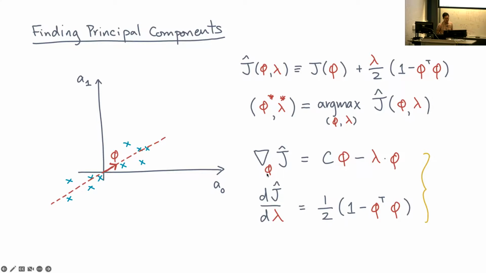At an extreme point of J hat, this derivative will be equal to 0, and if it's equal to 0, then the constraint is satisfied, because I basically recover the original constraint equation. Does that make sense?